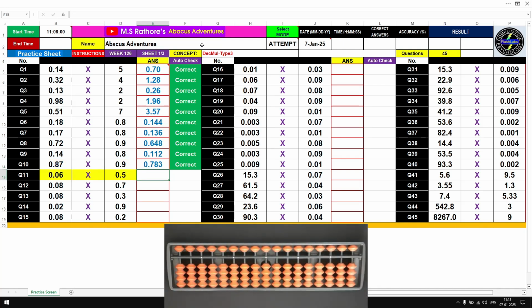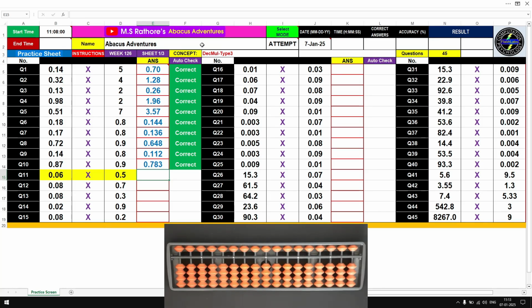Question number 11, 0.06 multiplied by 0.5. So this is a different question. The multiplicand has a 0 before the decimal point and a 0 after the decimal point, 0.06. So in this case, the rule says a 0 after the decimal point is treated as -1.